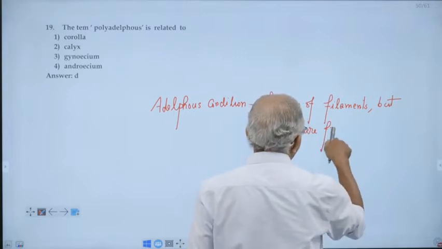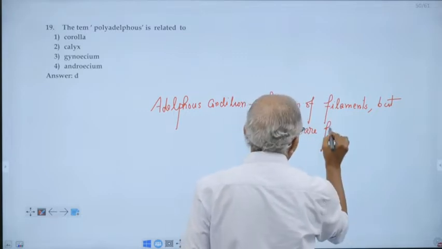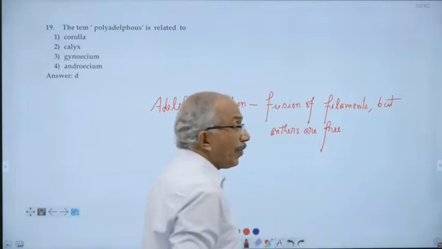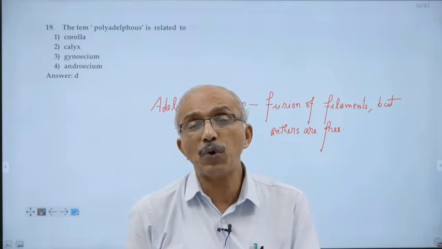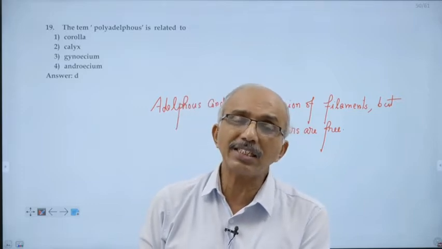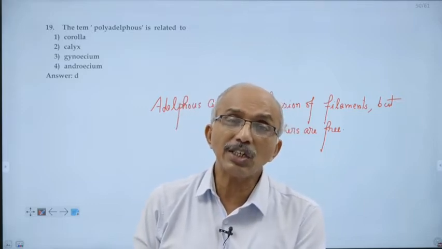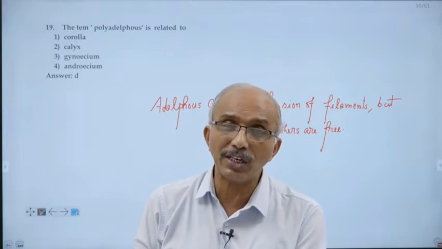Filaments of the stamen are fused, but anthers are free. This condition is called adelphous condition.